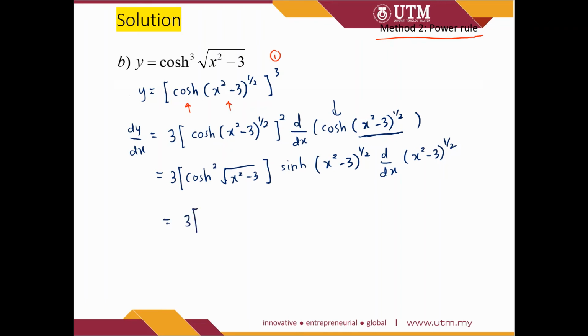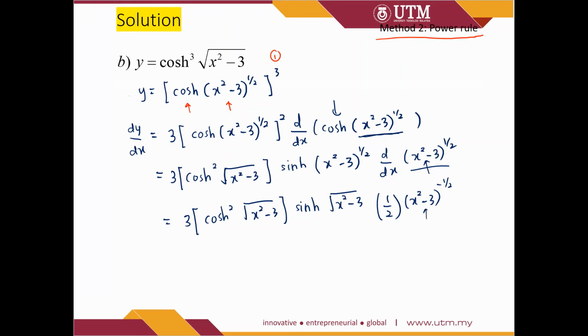So now find the derivative of this. It would be half times x squared minus 3 to the power of negative half, and then you still have to find the derivative of x squared minus 3, this one. So it would be 2x.